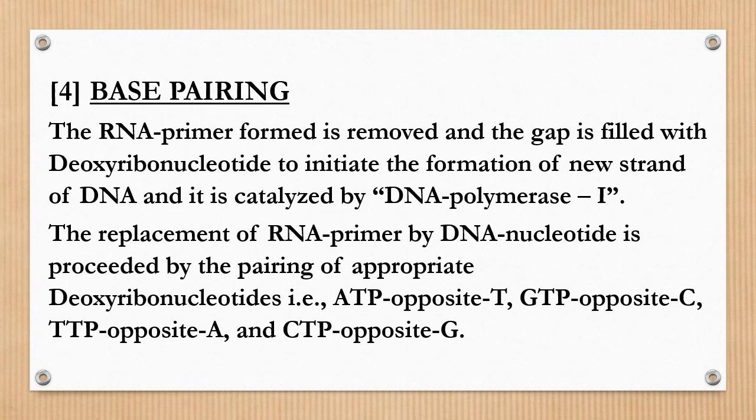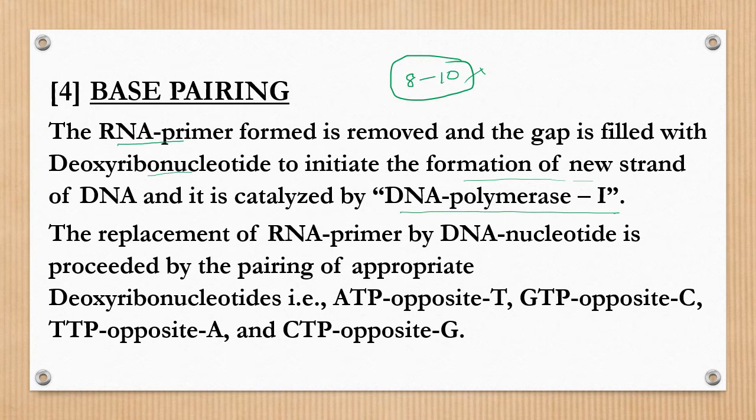Now the RNA primer formed is removed and the gap is filled with deoxyribonucleotides. So the RNA primer is formed first, 8 to 10 nucleotides. That primer is removed and that gap is filled with deoxyribonucleotides to initiate the formation of a new strand of DNA, and it is catalyzed by DNA polymerase 1.